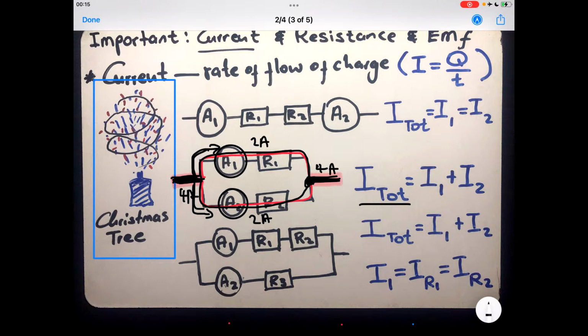If it's 1 ampere this side, then it's going to be 3 amperes this side, as long as when you add them together, it takes you back to the total. So the total current is equal to the current flowing through ammeter 1 plus the current flowing through ammeter 2.